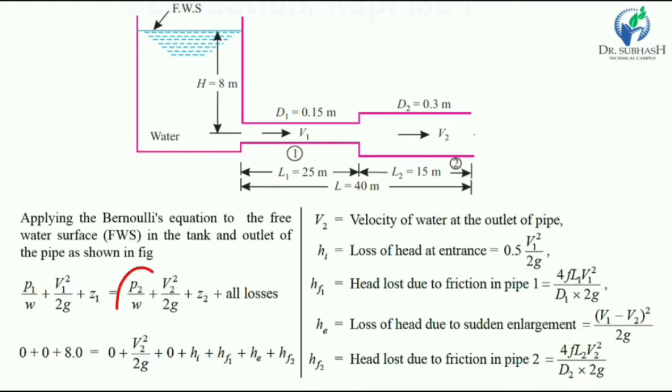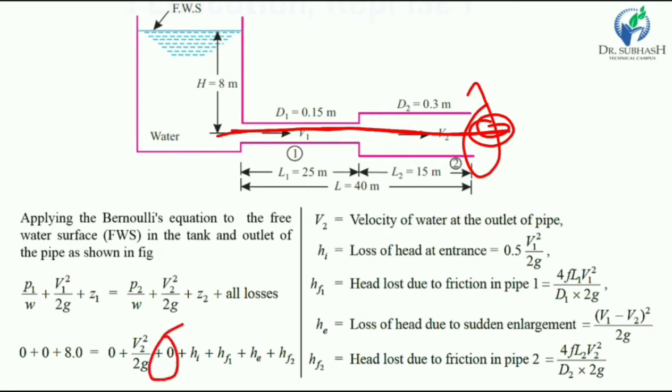First, pressure energy is 0 because at the outlet of the pipe the flow is free, so free flow does not have pressure. And the datum is 0 at section 2 because we consider the datum line, or reference line, as the center of the pipe, and the datum height is 0. So potential energy, or datum head, is 0.